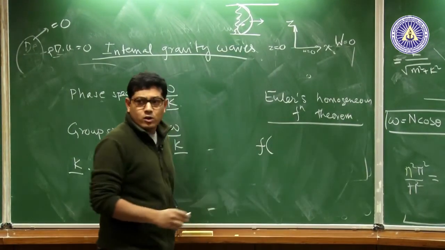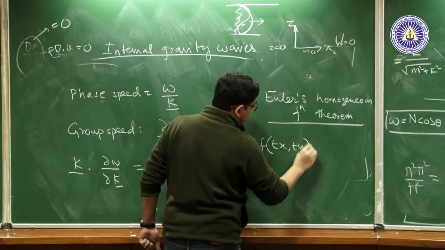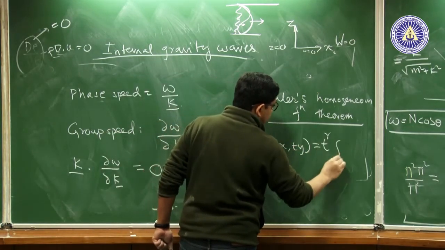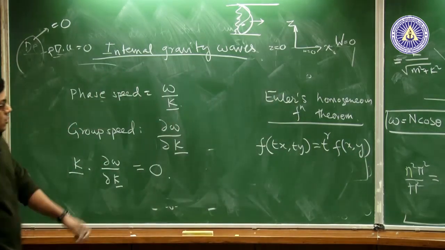Do you know what a homogeneous function is? Say f of t x, t y, you can write as t to the power r f of x y. So it is of order r.